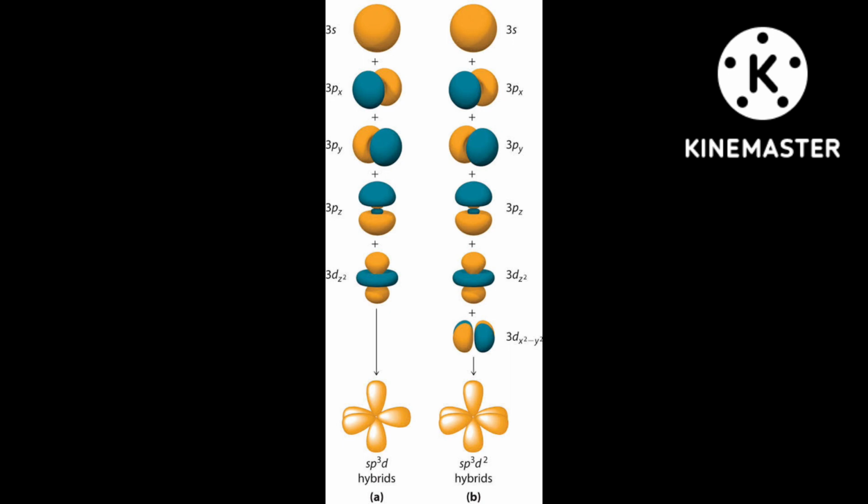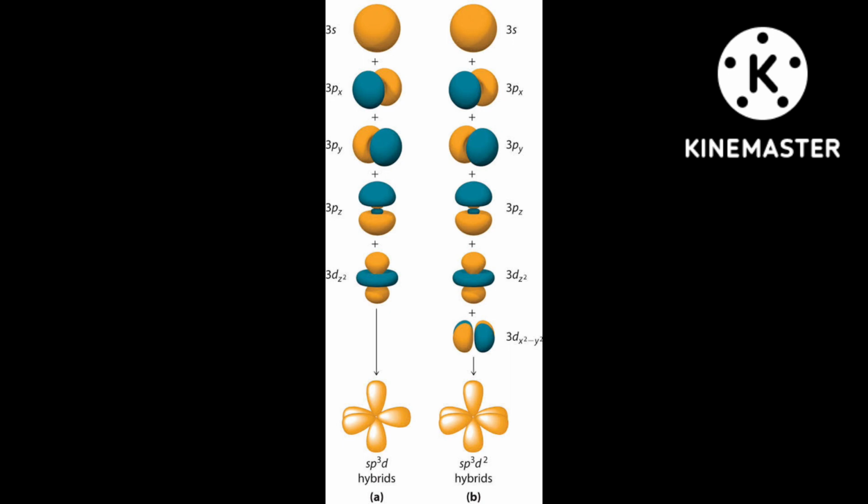Now come to H2O. In case of H2O, oxygen has 6 electrons: 1s square, 2s square, 2p4.